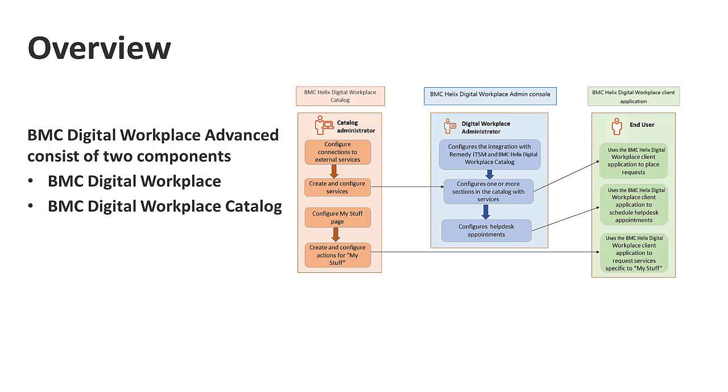The first component, BMC Digital Workplace, was earlier known as MyIT, and can also be called DWP. The second, BMC Digital Workplace Catalog, was earlier known as MyIT Service Broker, or BMC DWPC. Throughout this session, I will call them DWP or DWPC.